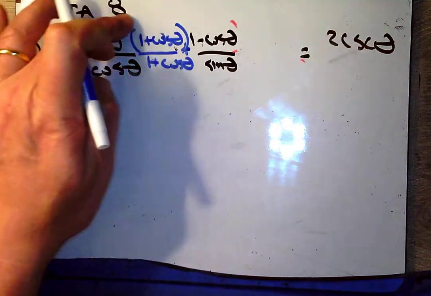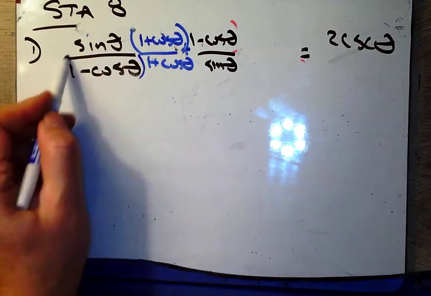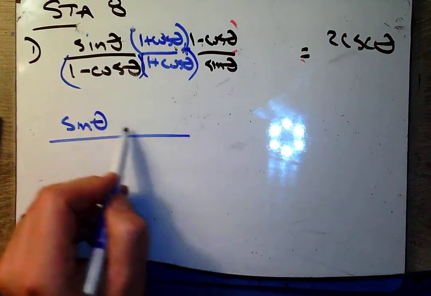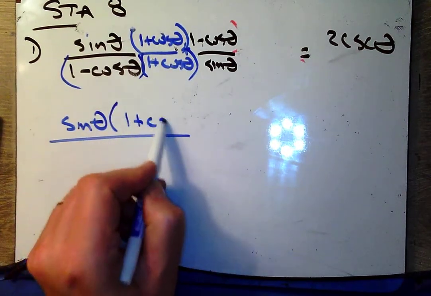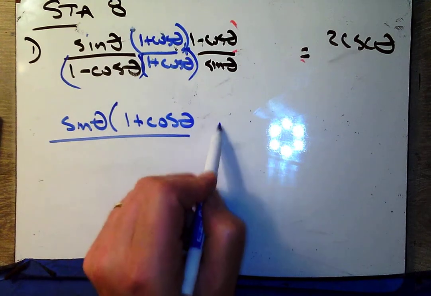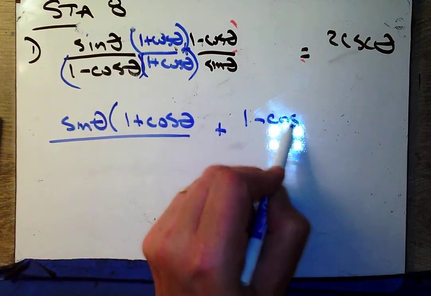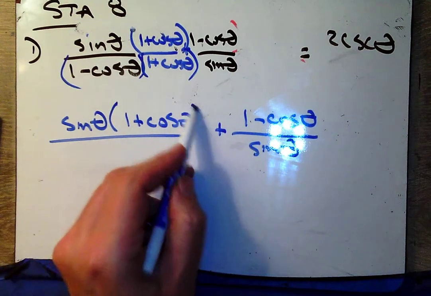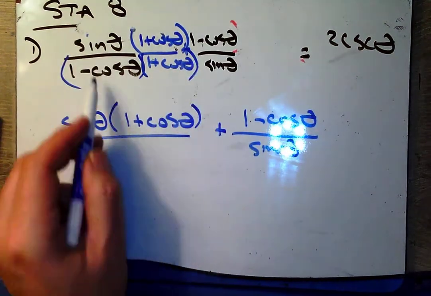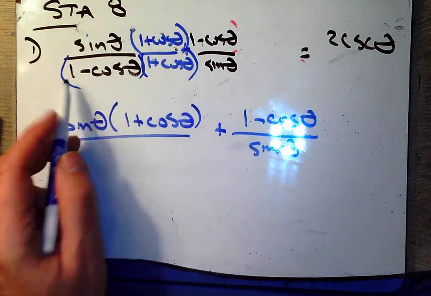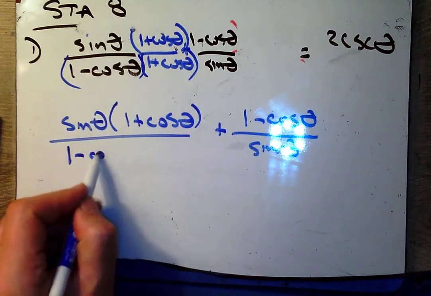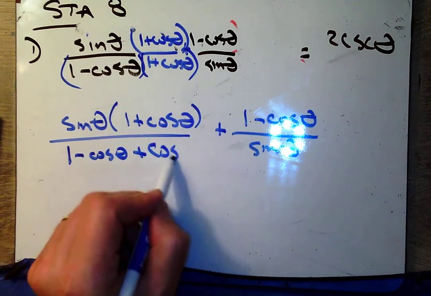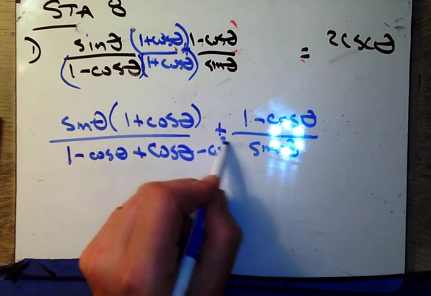Maybe I should resist the temptation. I do need to FOIL on the bottom. And when I FOIL on the bottom, sine theta times 1 plus cosine theta, plus 1 minus cosine theta over sine theta. Okay, so I've done the top, but now what about the bottom? Well, that's FOILing. I end up with 1 minus cosine, plus cosine, minus cosine squared.